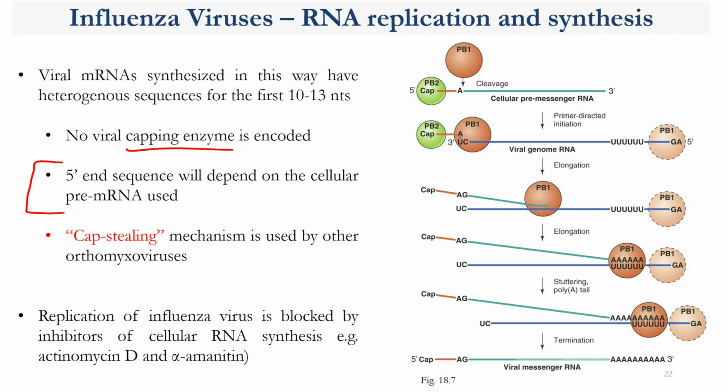Okay? And this cap stealing mechanism is used by other orthomyxoviruses as well. And you can actually block the replication of influenza virus by inhibiting cellular RNA synthesis. So for example, actinomycin D and amanitin can do that.